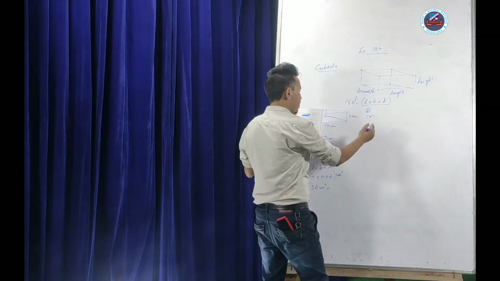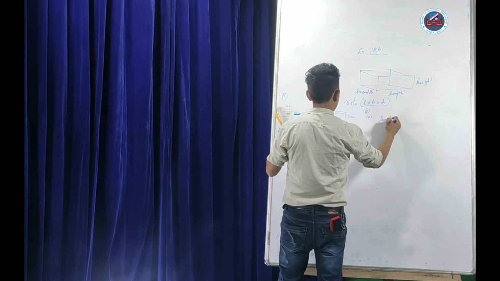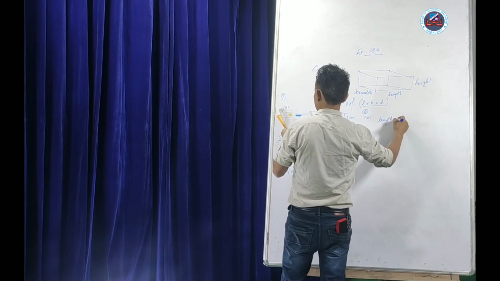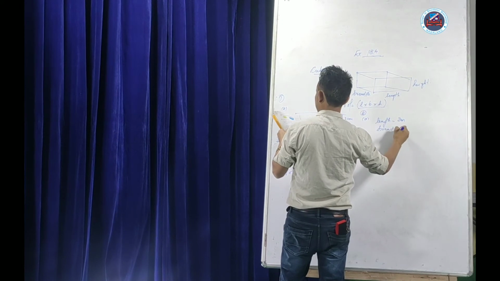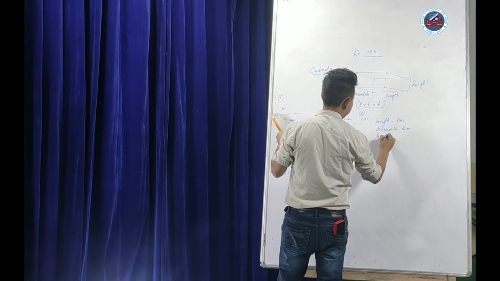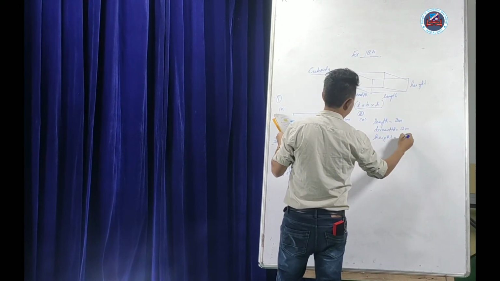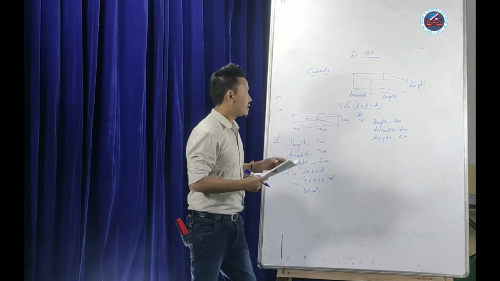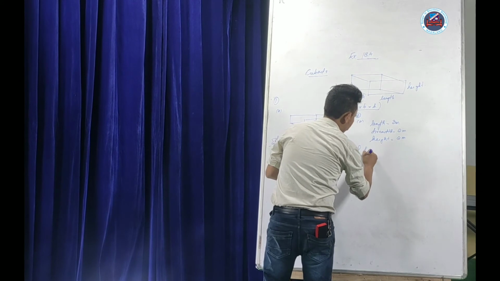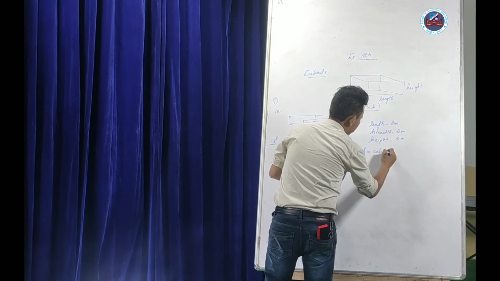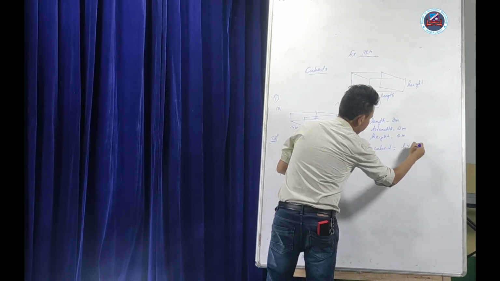So here we can see the length is given as 3, breadth is given as 2, and height is given as 2 meter. You'll use the same formula, the volume of a cuboid. Formula is length into breadth into height.